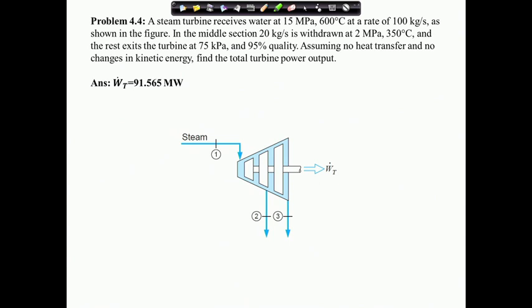A steam turbine receives water at 15 MPa, 600 degree centigrade at a rate of 100 kg per second. In the middle section 20 kg per second is withdrawn at 2 MPa, 350 degree centigrade, and the rest exits the turbine at 75 kPa, 95% quality.